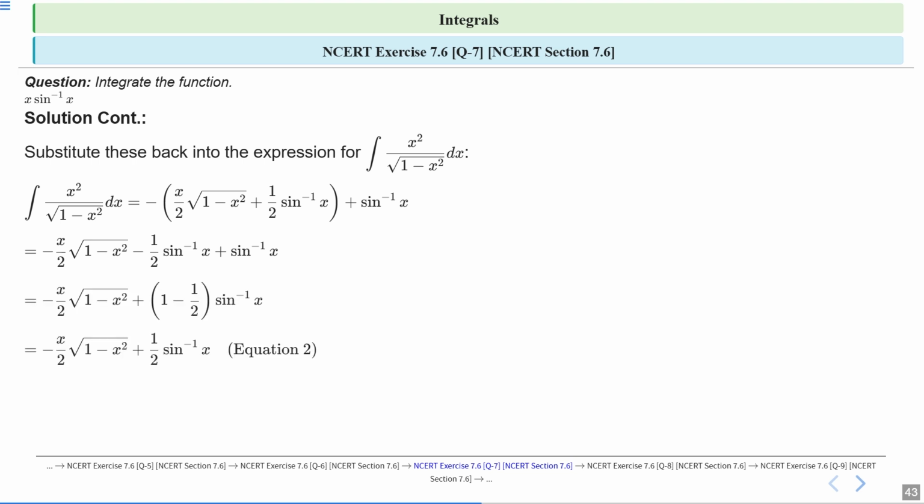Simplify it, we get minus x by 2 root under 1 minus x square plus 1 by 2 sine inverse x. Now this is the value of the integral x square by root under 1 minus x square dx, not the original solution, the final solution.